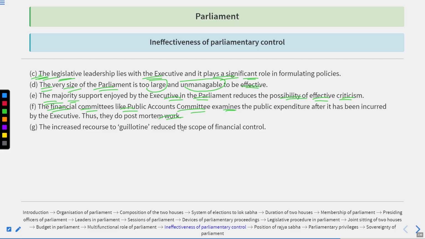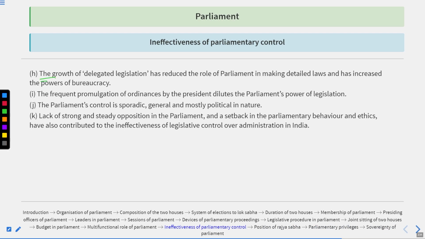Thus, they do post-mortem work, not the pre-work. The increased use of the guillotine reduces the scope of financial control also. The growth of delegated legislation has reduced the role of parliament in making detailed laws and has increased the power of bureaucracy. Frequent promulgation of ordinances by the president dilutes the parliament's power of legislation.